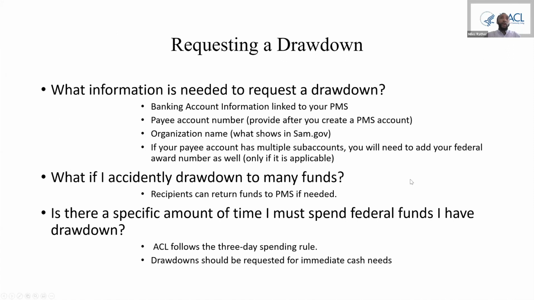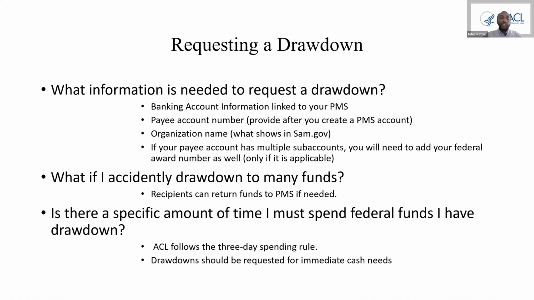So requesting a drawdown, what information is needed to request a drawdown? First, you need your banking account information linked to your PMS account. When you establish a PMS account, this should be one of the steps that you already have to do in order to get one. So I believe everyone here has done that step because we have awarded all 12 awards. Then you would need your payee account number that's provided to you after you create your PMS account.